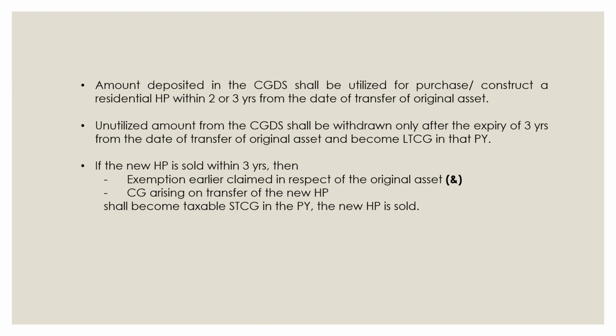If the newly acquired house property is sold within 3 years, then the exemption earlier claimed in respect of the original asset is withdrawn, and the capital gain arising on transfer of the new house property shall become short-term capital gain in the previous year in which the new house property is sold.